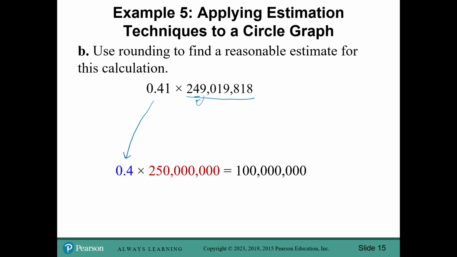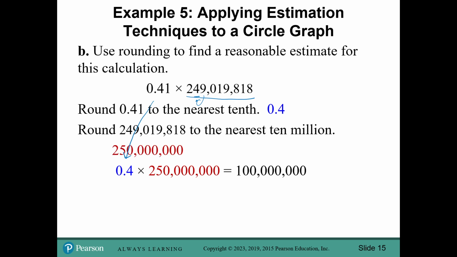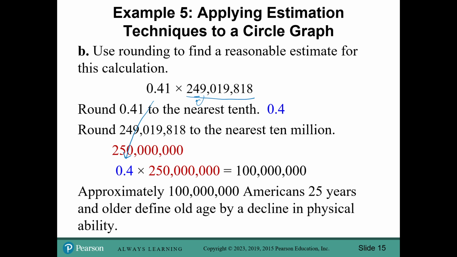We move the decimal place one location because of this decimal here, and we easily see that our estimation here is 100 million. So, just going through the steps here. So, approximately, because we estimated, approximately 100 million Americans 25 years and older define age by a decline in physical ability.